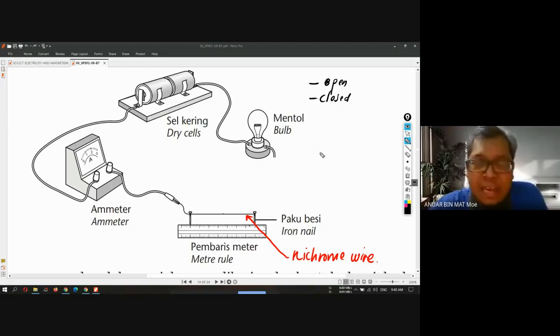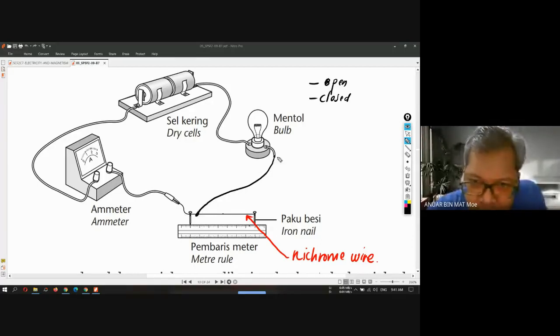Okay, in electrical terms, this means that if the wire is not connected to anywhere, we call it open. The circuit is open. And then if the circuit is connected, I try to connect the bulb here to here.